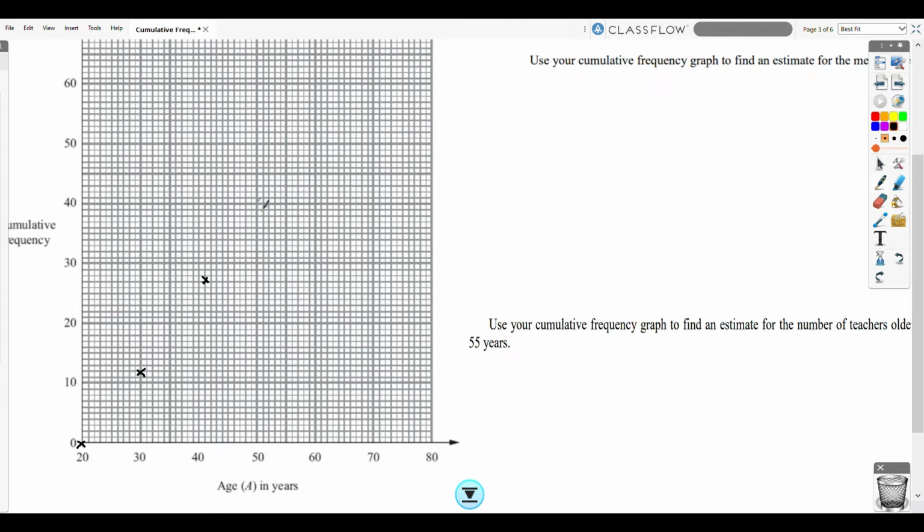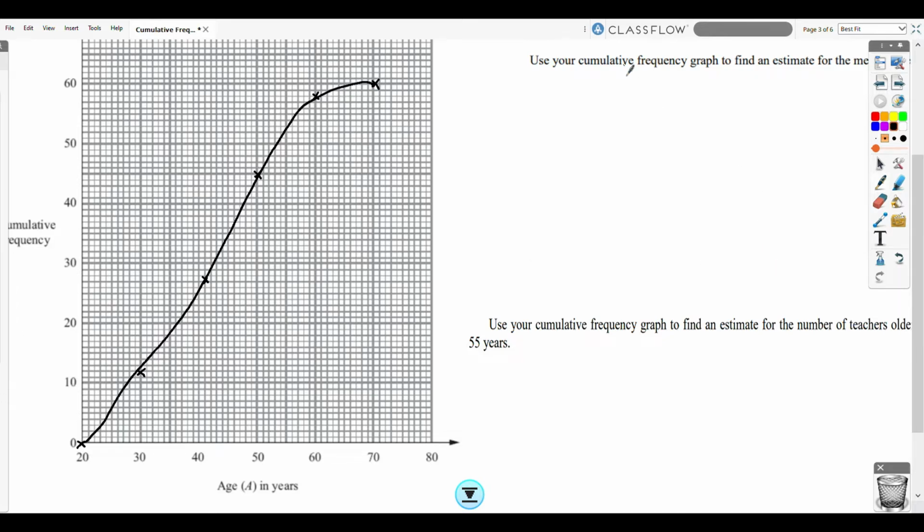So at 50 we're going all the way up to 45, then at 60 we're going all the way up to 57, and then at 70 we're going up to 60, and then join them up with a smooth curve. Like that. So that's the diagram done.